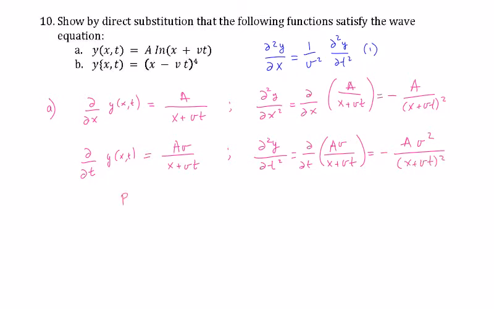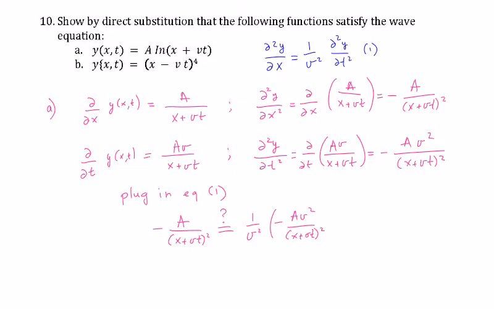Now let's plug our second derivatives into equation 1 and see whether it makes sense, if it satisfies or not. So negative a over (x plus vt) squared, and we're interested if this actually equals 1 over v squared times negative a v squared over (x plus vt) squared.